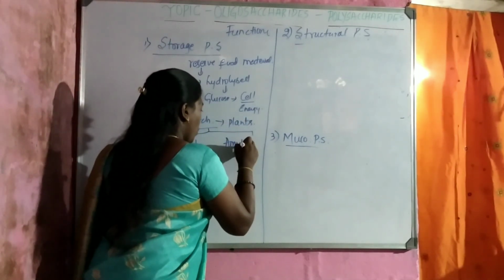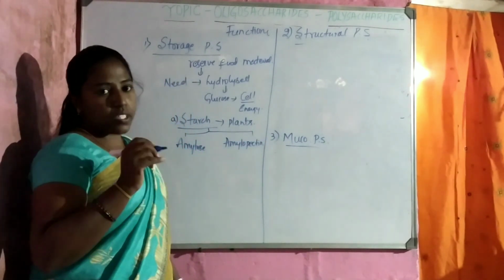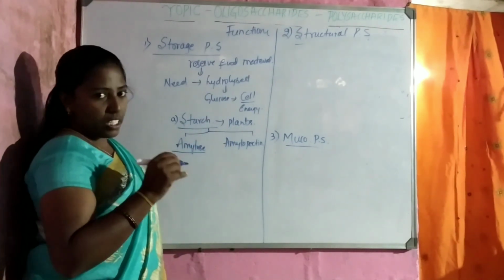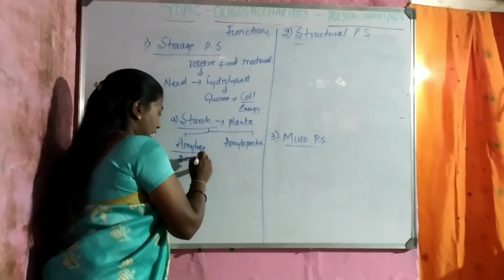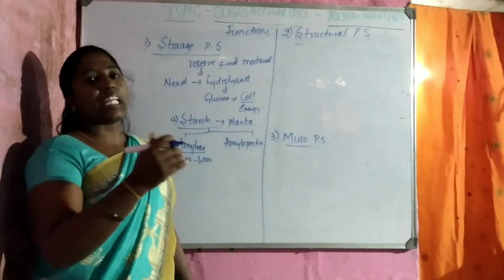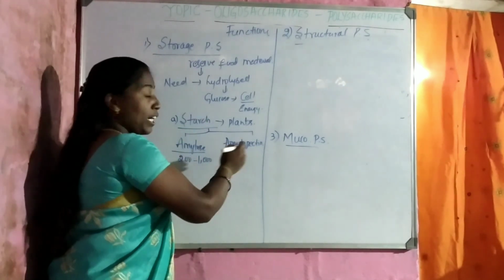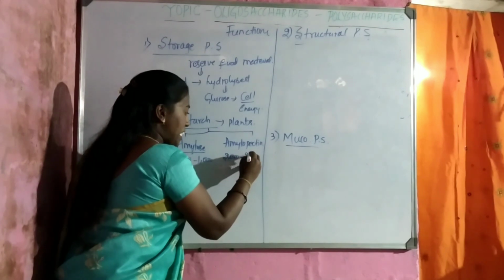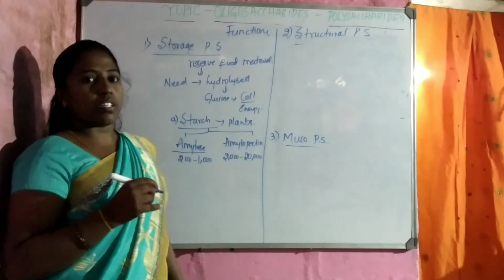Amylose contains around 200 to nearly 1000 or 2000 units of glucose connected by glycosidic bond. Amylopectin contains around 2000 to 20,000 units of glucose connected by glycosidic bond.